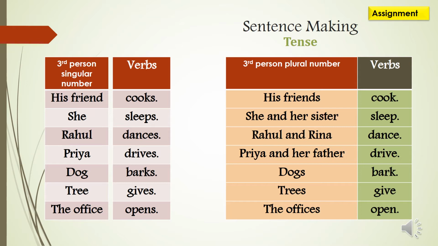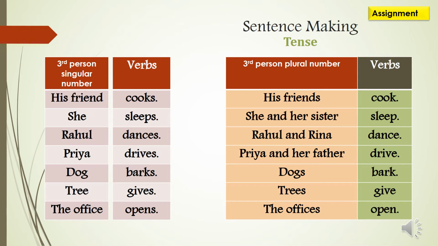She sleeps. But in the next column, she and her sister. So there are 2 persons. So this is plural number and hence s is not required. So she and her sister sleep. Rahul, only one man. Rahul dances.